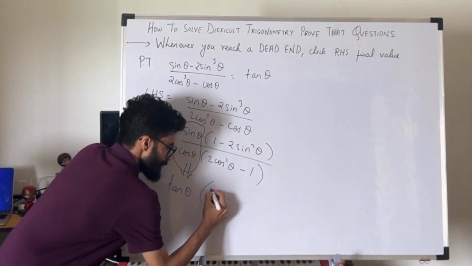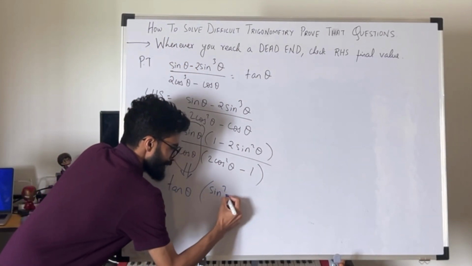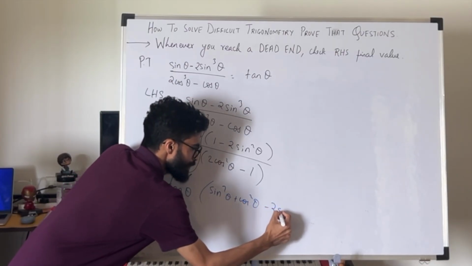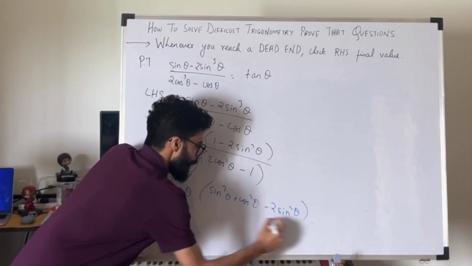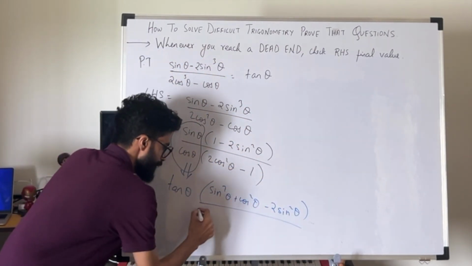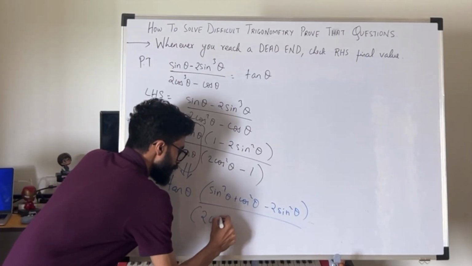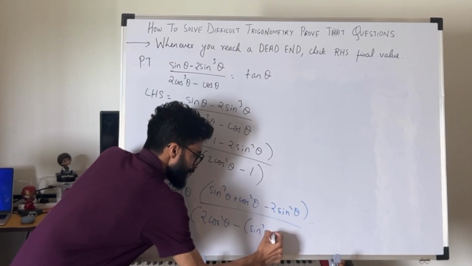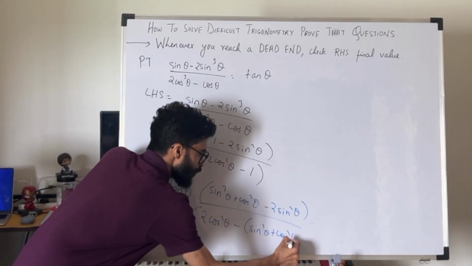If I write 1 as sin square theta plus cos square theta minus 2 sin square theta, upon, again I will write 1 as sin square theta plus cos square theta, I am getting 2 cos square theta minus sin square theta plus cos square theta.